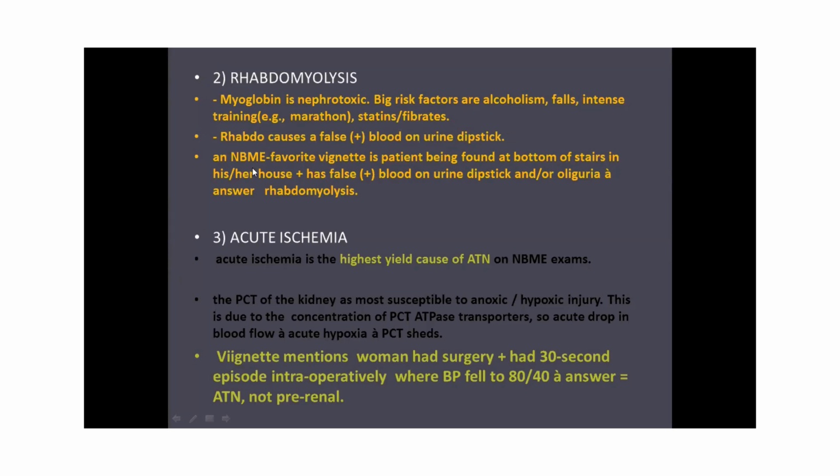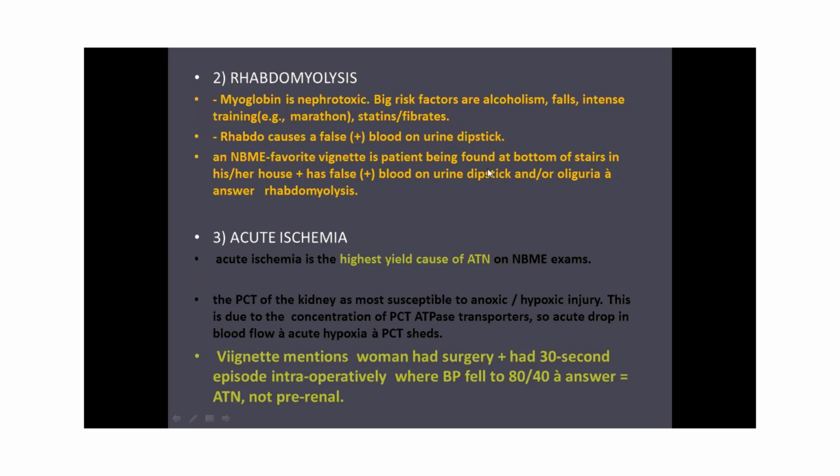On the NBME, there is a question where the vignette says the patient was found at the bottom of the stairs, so you know it's a history of trauma. Now there is false positive blood, and I know that false positive blood is due to rhabdomyolysis, along with oligouria. So locate the buzzwords. They will never simply mention rhabdomyolysis.